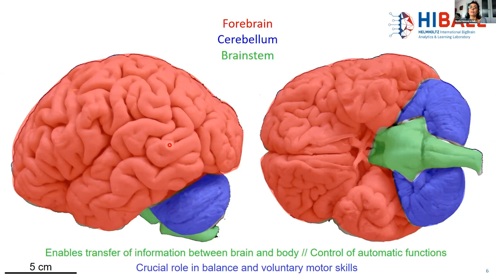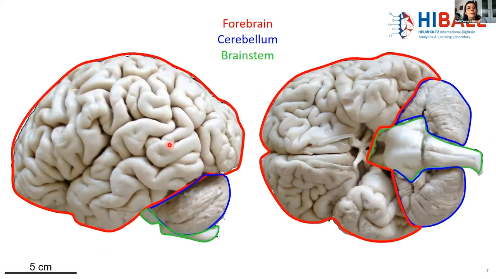Now, since we know that the cerebellum is located at the posterior part, the back part of the brain, and we also know that it is located underneath the forebrain, that helps us identify the rostral and caudal parts of the brain, and it also helps us identify the hemisphere that we are looking at, okay?